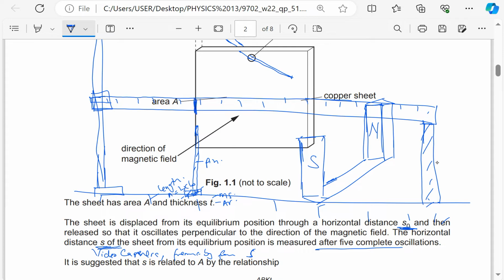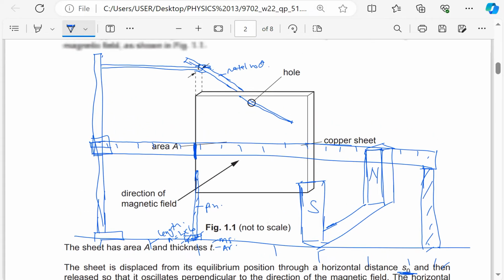Alternatively, I could put a mark on the ruler, then I displace the copper sheet from that same point every time. Also, this pin could help me in counting the number of oscillations. Alternatively, I could put the pin just below the support, so that oscillations are counted from the center or from the point of suspension.